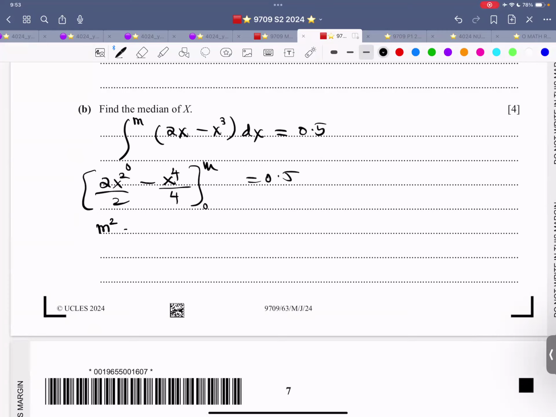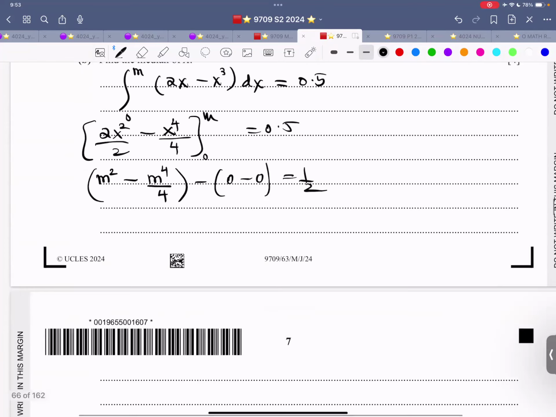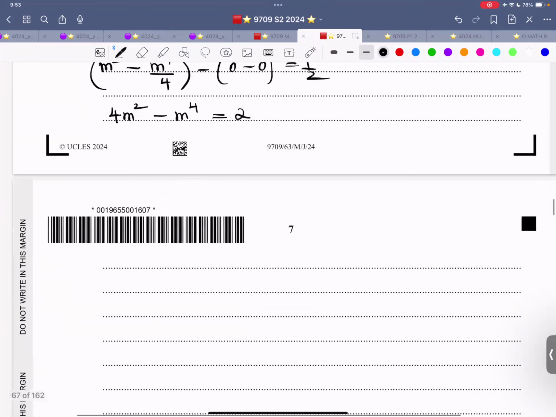That is m squared minus m power 4 over 4 minus 0 equals half. Multiply throughout by 4. 4m squared minus m4 equals 2. Therefore, m4 minus 4m squared plus 2 equals 0.